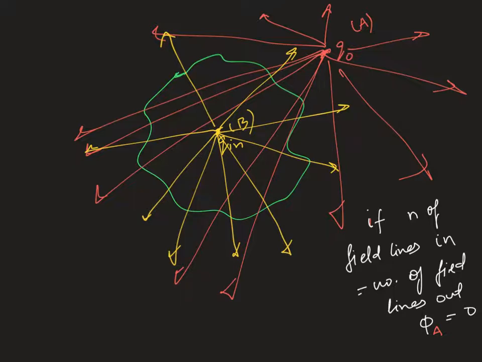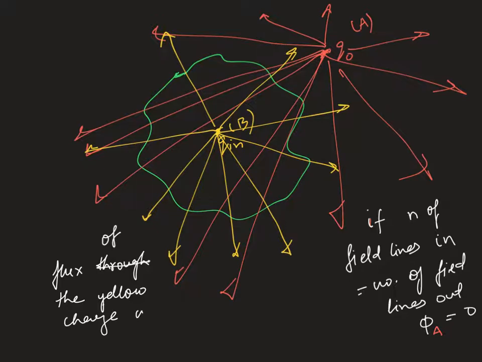The flux through the yellow charge is only coming out of the surface, and if it is only coming out of the surface, there is going to be a flux, and the flux of the B charge is going to be Q by epsilon naught through the surface.